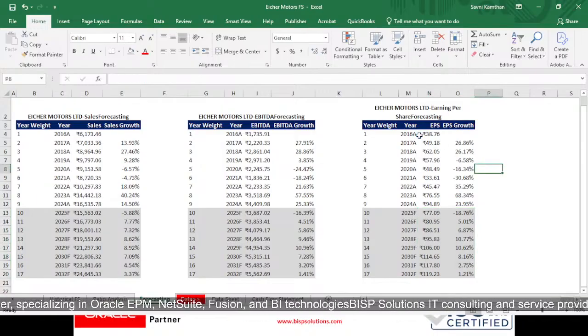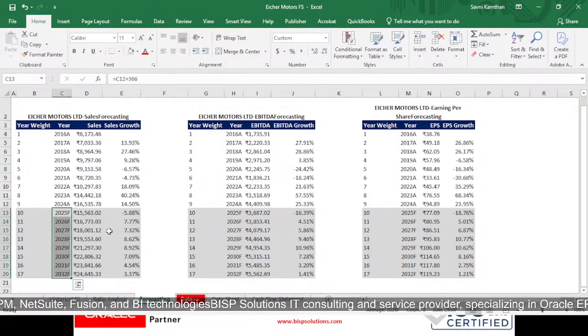So what we get from this forecasting, that from 2025 to 2032 we have forecasted that our sales in 2024 was 16,535.78. So our sales growth was about 14.50% in 2024.